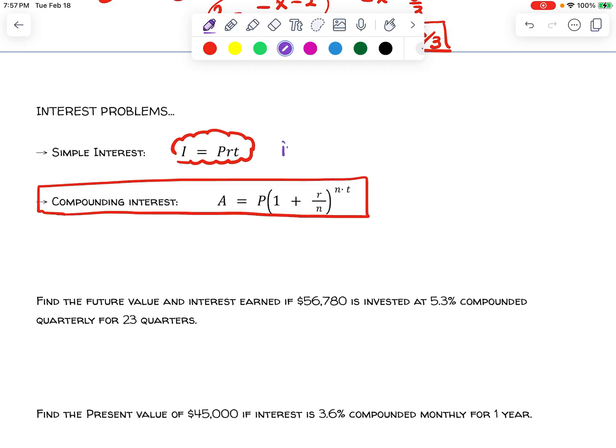So interest, we talked about this last semester, is money that a bank pays you, or at least this is one way interest works. To keep your money in an account.